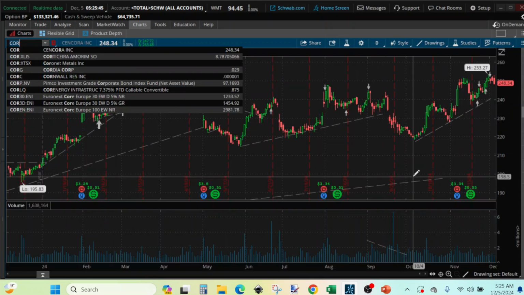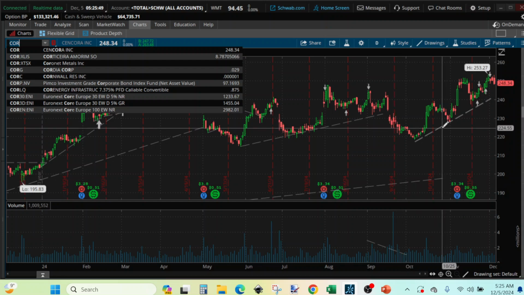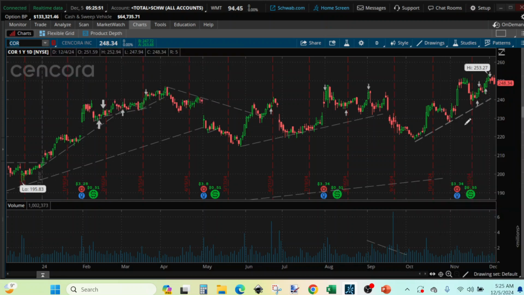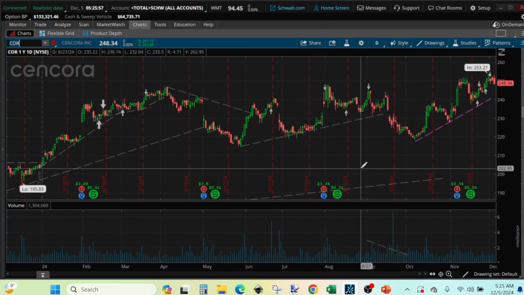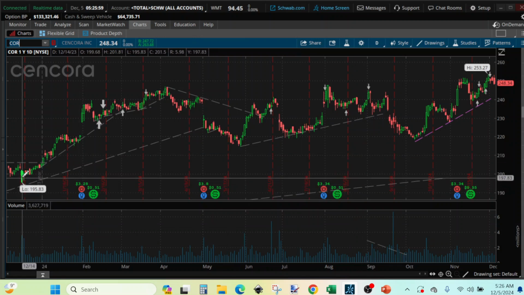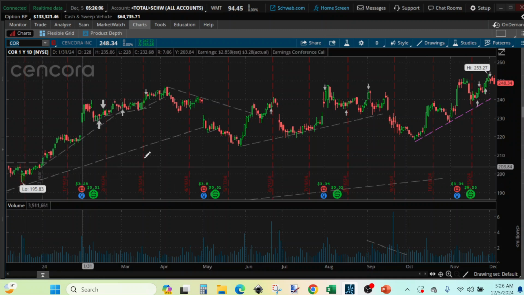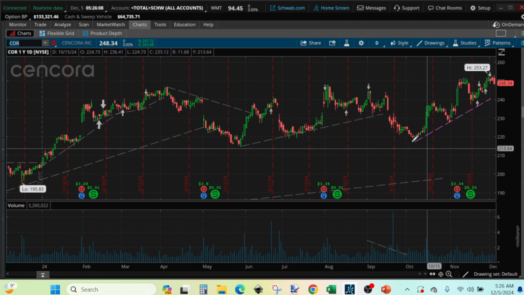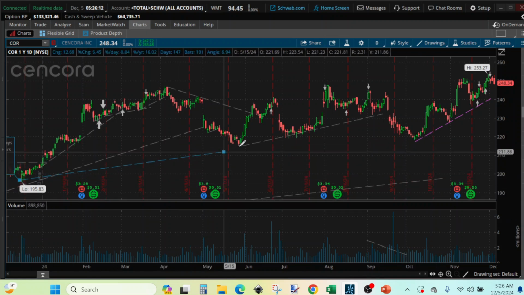Okay, so COR, this line here, long-term line, I'm not seeing anything touching it again, but I did see it touching this line multiple times. So I'm going to track it on that line. Let's see here. Okay, let's try to trace those lows, this low and this low, and see if we'll be able to connect two of them.